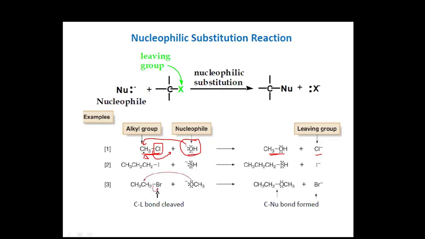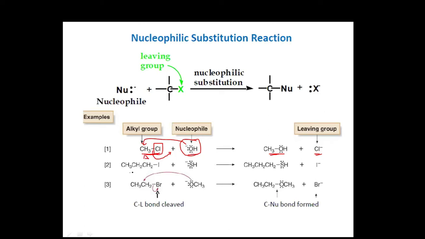One can convert alkyl halides into various types of products through nucleophilic substitution. Here, methyl chloride is converted to methanol with the help of the hydroxide ion, and after the reaction you have the leaving group, Cl minus, in the reaction mixture.